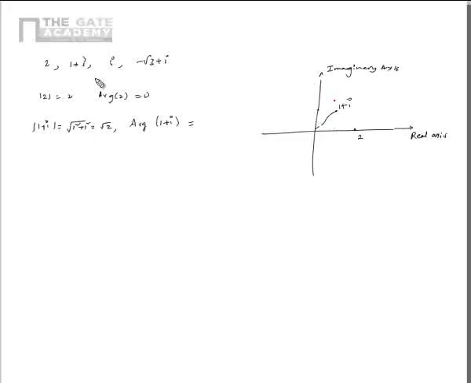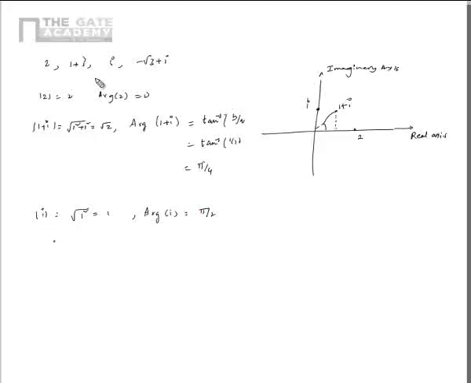That angle is nothing but tan inverse of b by a, which is tan inverse of 1 by 1, which is 45 degrees. Then the modulus of i is root of 1 squared, which is 1, and the argument of i: i is somewhere here, so this angle is 90. Straight away you can say it, or you can find tan inverse of 1 by 0, which is not defined, so 90.